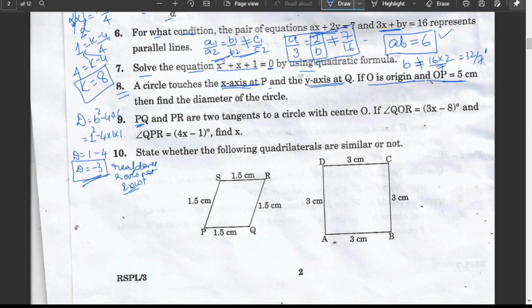Here, if I draw a Cartesian plane, this is x-axis, this is y-axis, origin, and I'll take one point P on the x-axis and one point Q on the y-axis.